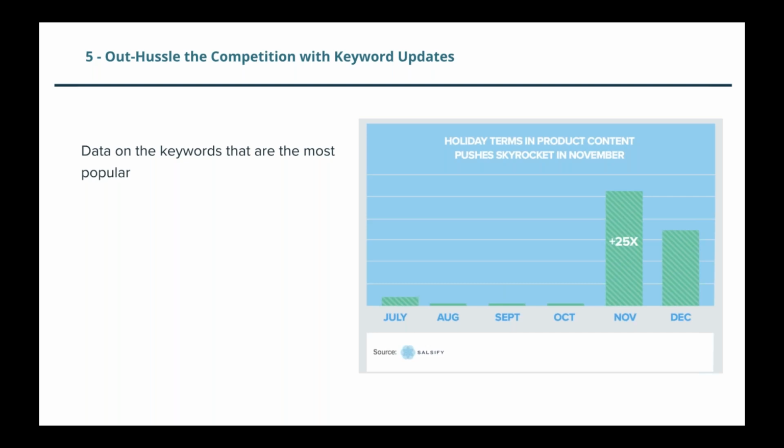Brands know that they need to fight hard to win glance views and to get conversions. And especially when so much volume happens during this time period, if you're not actively managing your content, your competitors are, and they're going to steal your glance views and your purchases. So you don't want that to happen.